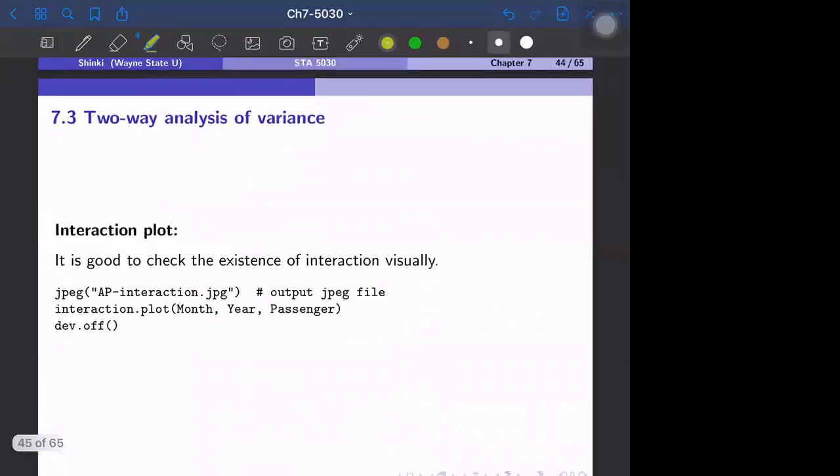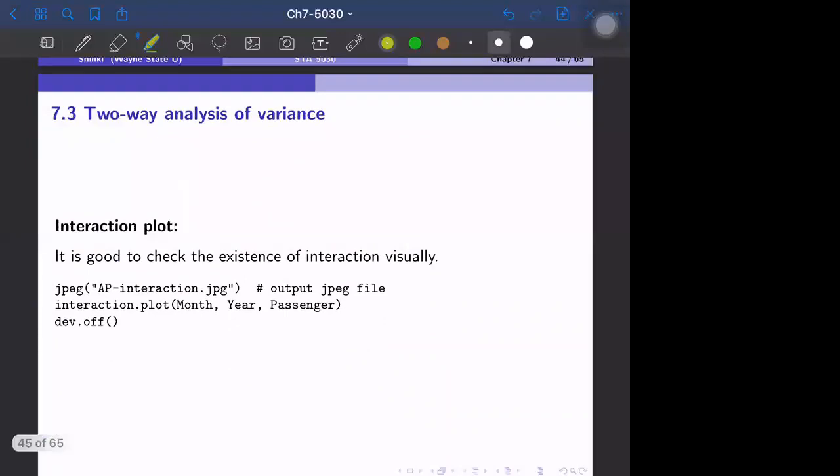Now we discuss how to see whether or not we have interaction. The interaction plot is the convenient way to do this. In the interaction.plot function, we have the first factor as the first argument, the second factor as the second argument, and the response, x_ij.